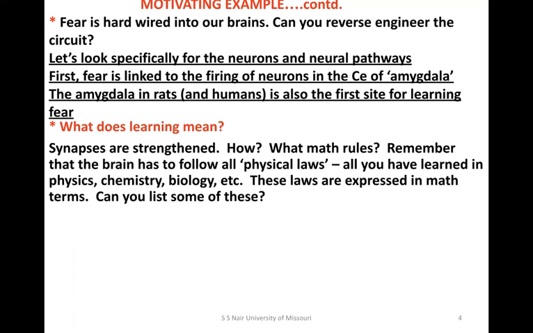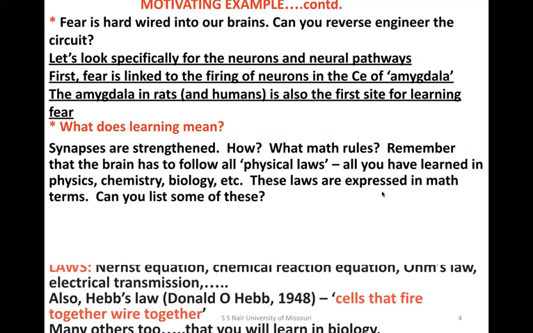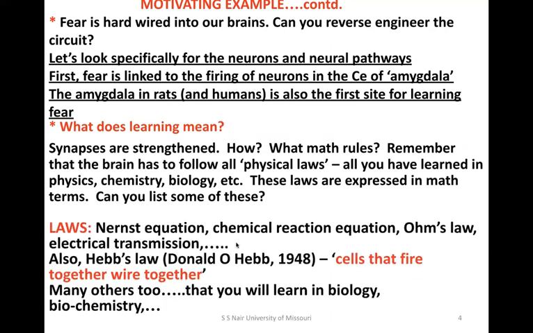Remember that the brain has to follow all these physical laws, and several laws you've previously learned in physics, chemistry, biology, and other undergraduate courses are all applicable to the brain. We won't go into too much detail about these laws, but as a brief refresher, the Nernst equation, Ohm's law, chemical reaction equations, and electrical transmission are all such laws that apply and are important.